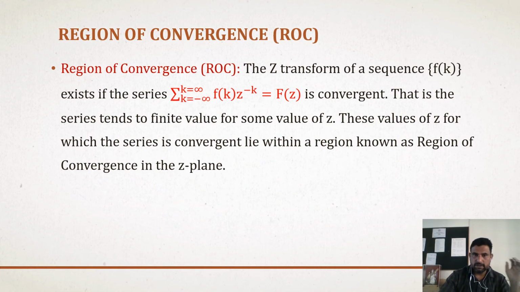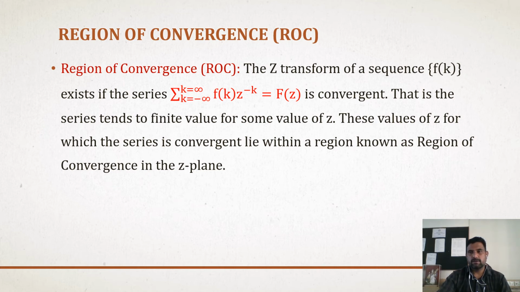Region of convergence. The z transform of a sequence f of k exists if the series summation k equal to minus infinity to plus infinity f of k z raised to minus k is convergent. That is, the series tends to a finite value for some value of z.